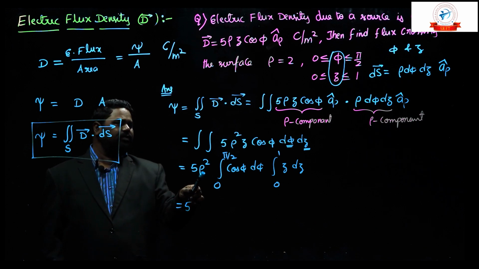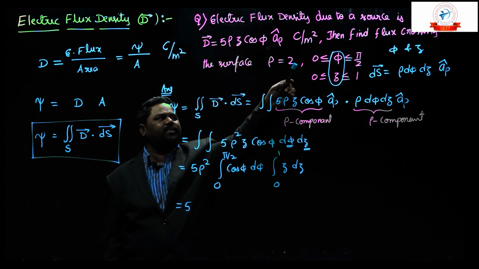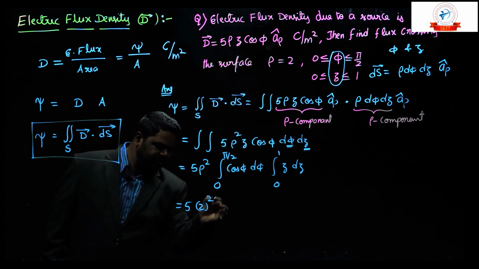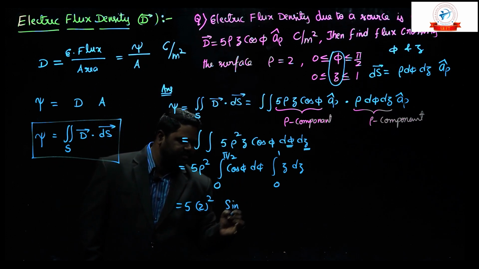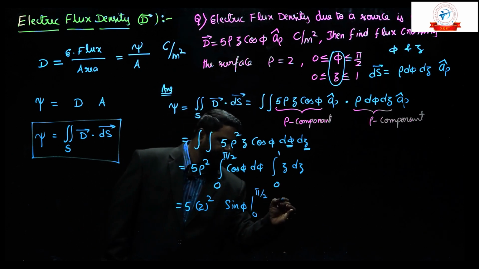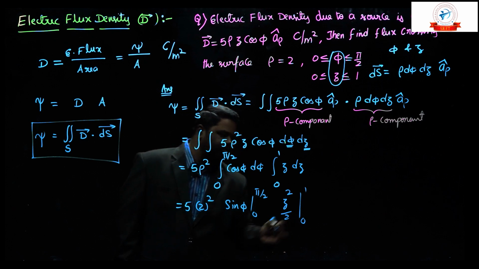5. What is rho? We need to find the flux crossing the rho equal to 2 surface. That means on the entire surface the rho coordinate is constant, that is 2. So rho is 2, as given in the question, so 2 square. The integral of cos phi is sin phi with limits 0 to pi by 2, and the integral of z is z square by 2 with limits 0 to 1.